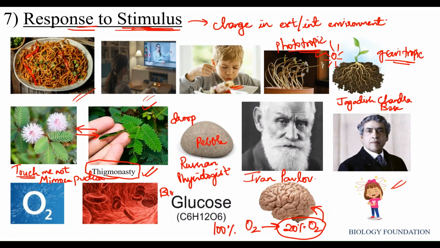Blood brings oxygen to the brain cells because the brain is the controlling center. Brain should tell what function all the cells in my body have to perform. For this, the brain requires energy, and therefore out of 100% of oxygen that I breathe in, 20% is utilized by the brain.